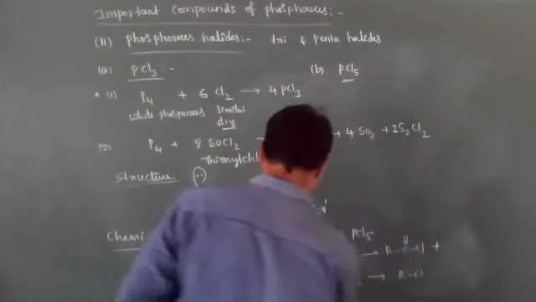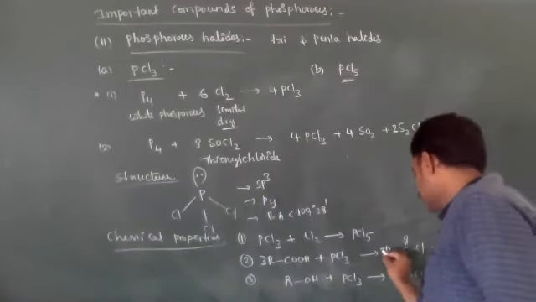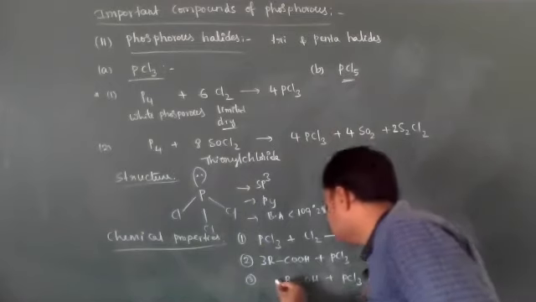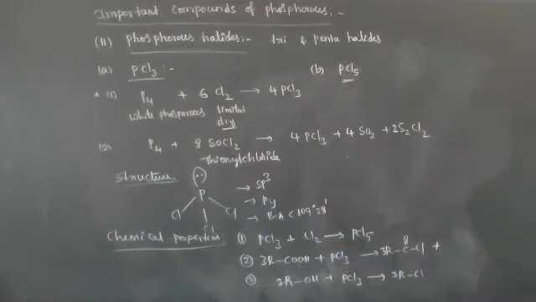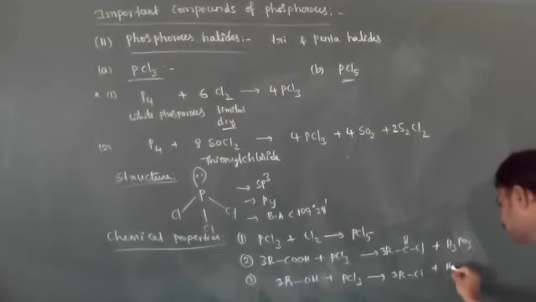Here 3 moles we need to use, then 3 moles of acid chloride; and if 3 moles of alcohols are used, 3 moles of alkyl chloride will come, and the byproduct H3PO3, phosphorus acid, will come.